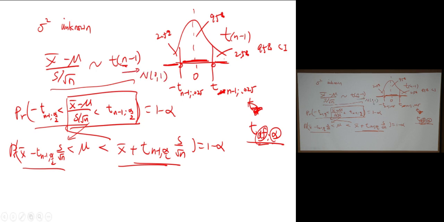So in other words, if your sample size is big, then I can replace this by Z alpha over 2. What we mean by big is not 100, maybe not 1,000, it's just a big number. Of course, in practice, maybe 30. Bigger than 30, we consider it big. So we can replace this by Z alpha over 2.